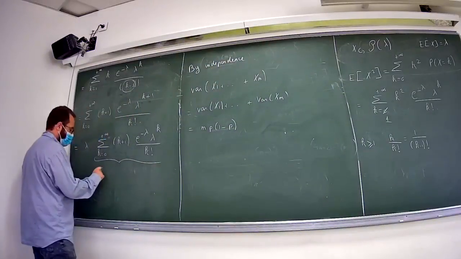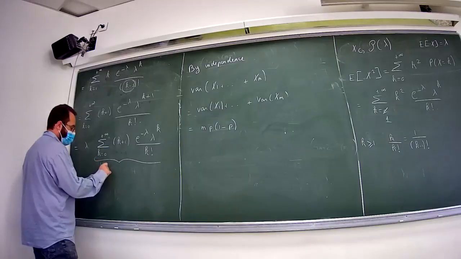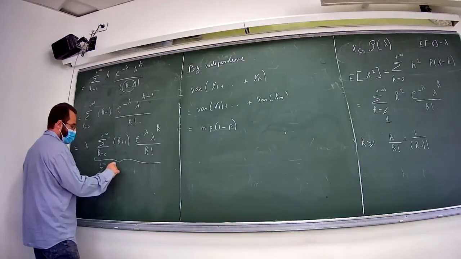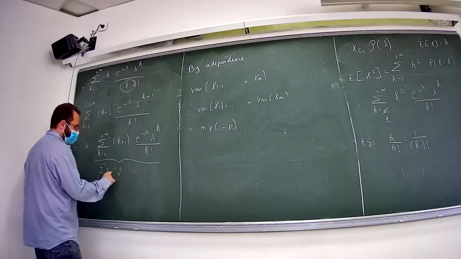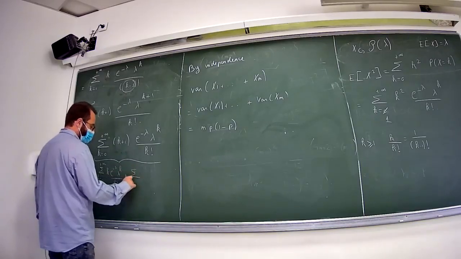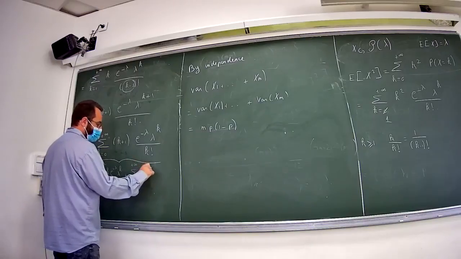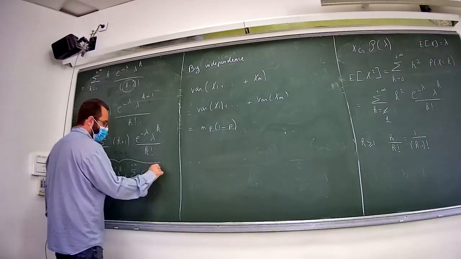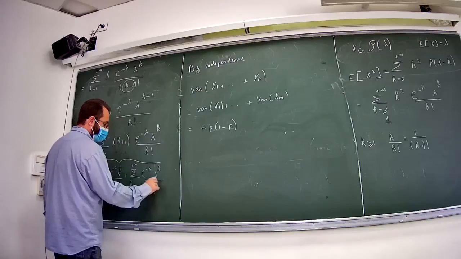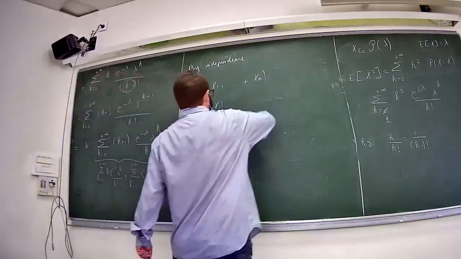I have the sum from k equal to 0 to plus infinity of k exponential minus lambda lambda to the power k over k factorial, plus the sum from k equal to 0 to plus infinity of exponential minus lambda lambda to the power k over k factorial, and I am able to compute each of them.